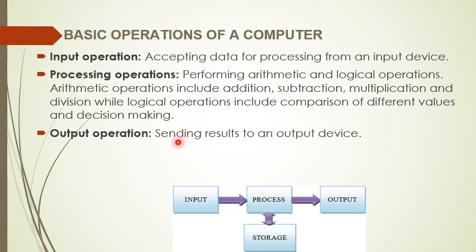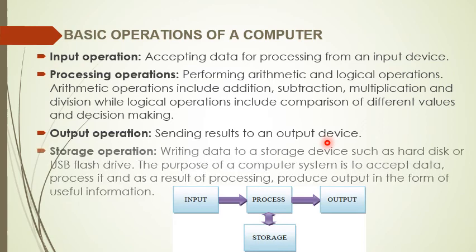Output operation. Whenever the processor performs the operation on data, a result is generated, and that result is sent to the output device. Right now it can be sent to the monitor, it can be sent to the printer, or it can be sent to any output device. Storage operation.